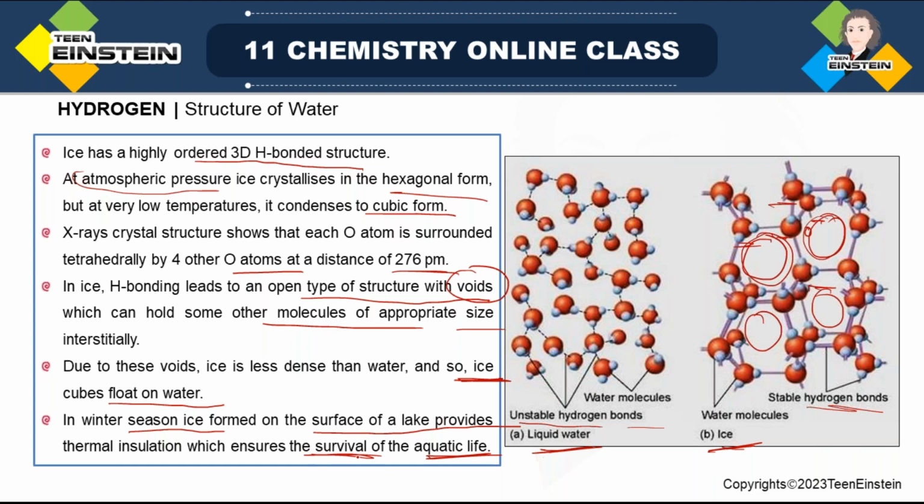Because if the whole lake is converted to ice, they will not be able to survive, as the water inside the lake is still maintaining its temperature. A particular temperature is required for survival, and the temperature should be such that it is not converted to ice. How is it possible? It is because of this crystal nature of ice, where air can be present, and this air acts as an insulator. Fine. So this is the reason.